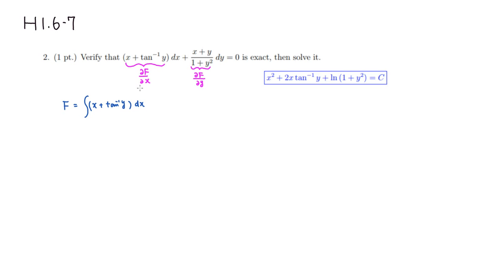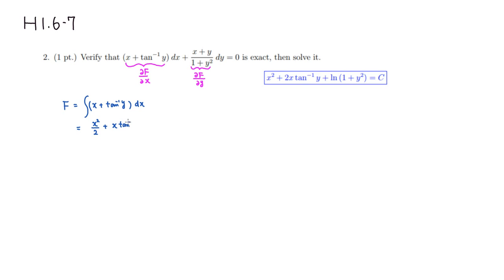So we're going to get x squared over 2, plus the antiderivative of arctangent of y. Since it has nothing to do with x, this is considered to be a constant. So the antiderivative of a constant is the constant times x, so it's going to be x times arctangent of y.